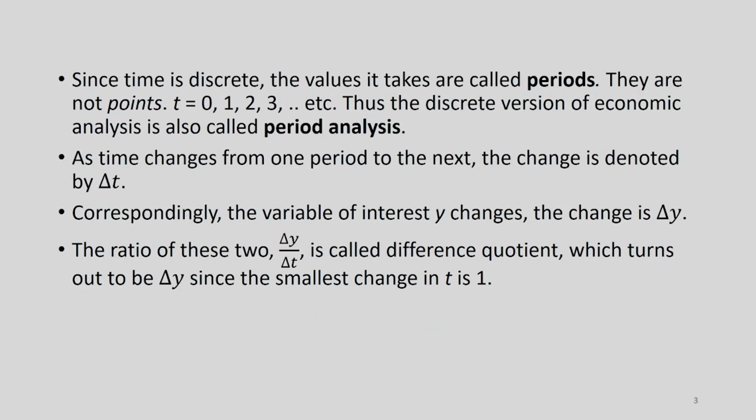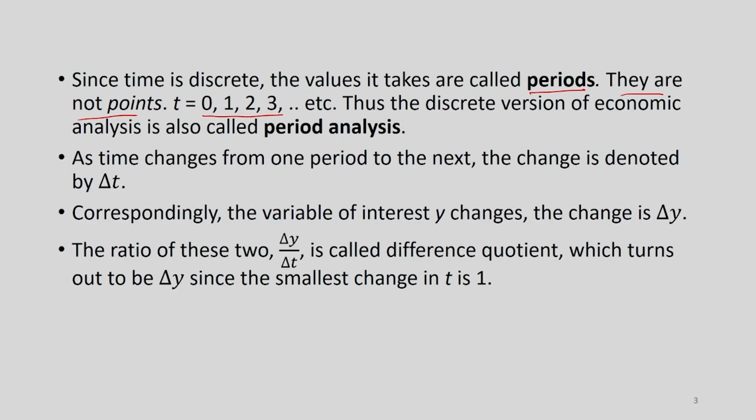Since time is discrete, the values it takes are called periods, right? They are not points of time, but they are periods of time. So, t, that is time, can take these values, whole numbers 0, 1, 2, 3 like that, and each of these is called a period.